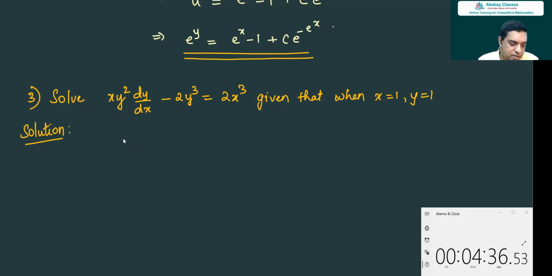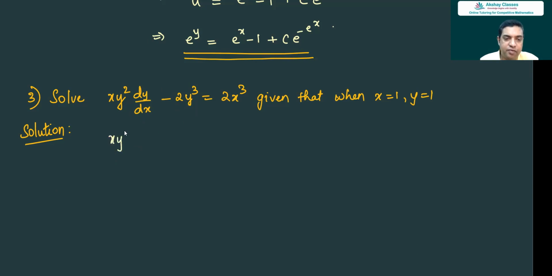We can observe how the equation is. This is y cube, this is y square dy by dx. So we can substitute in this. This is the given differential equation.